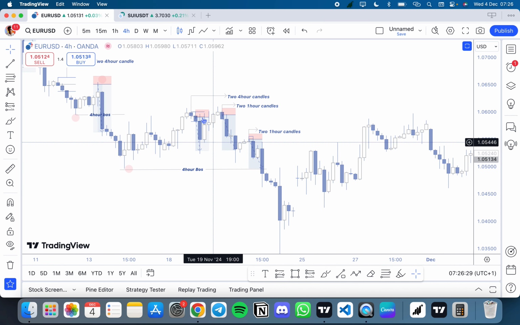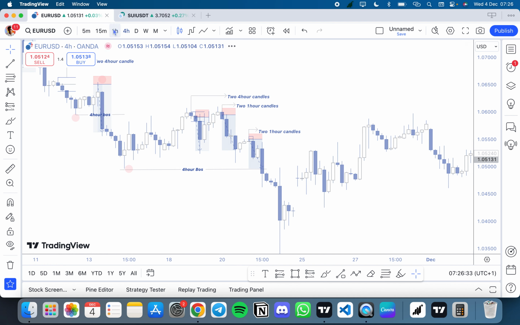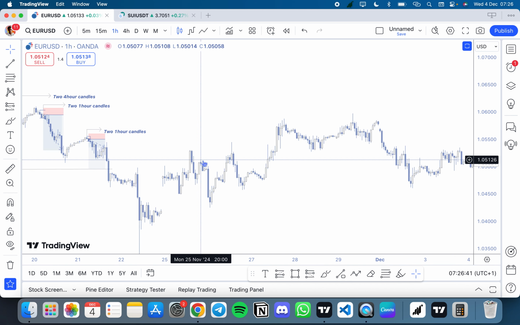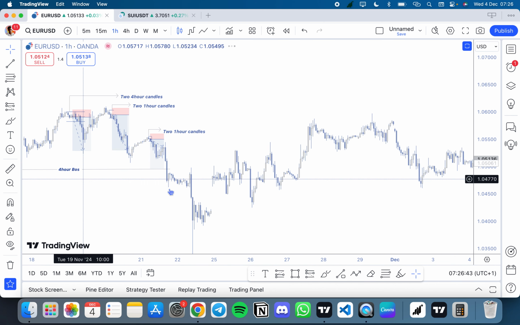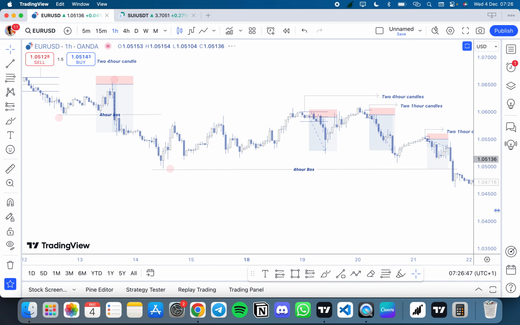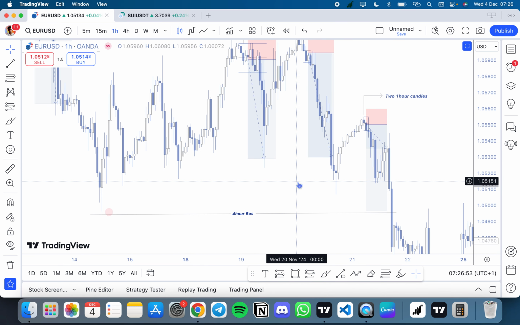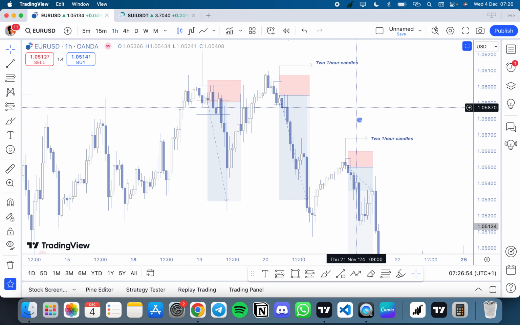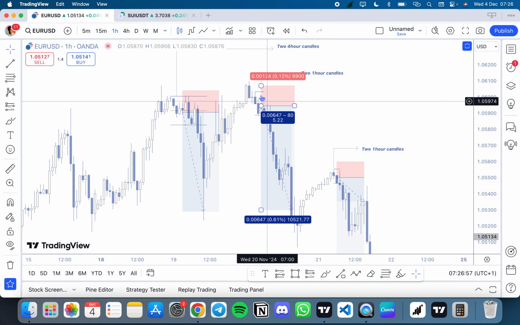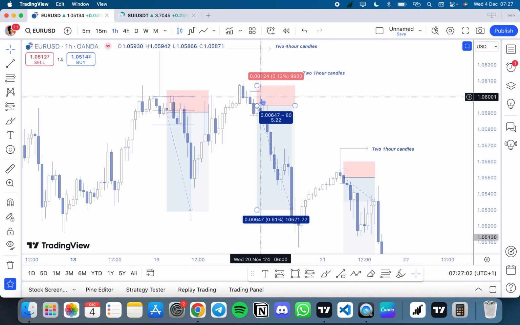Then afterwards, once you've gotten your 2 4 hour candle model, you go on the 1 hour time frame to check for follow-up trades, right? Because as you get to see, this 2 4 hour candle model did not lead to a break of structure, but we still have structure down here. So what we do for the follow-up trades is simply come on here and wait for valid 2 1 hour candles to occur.